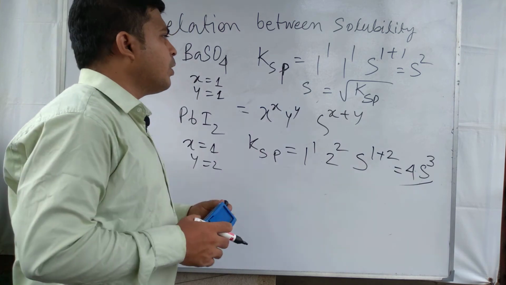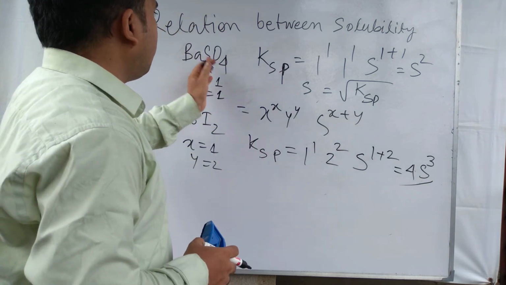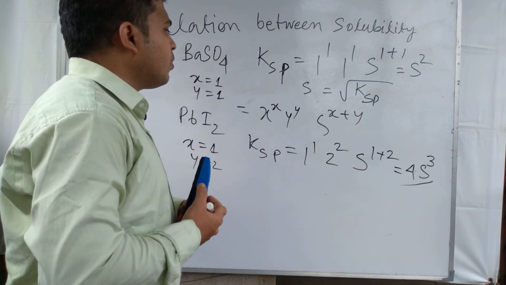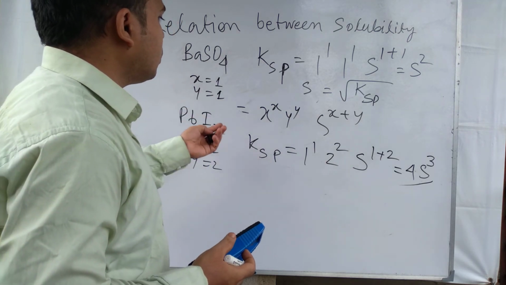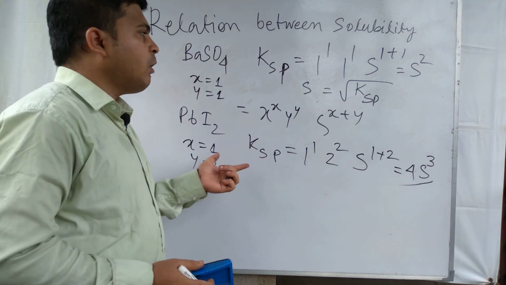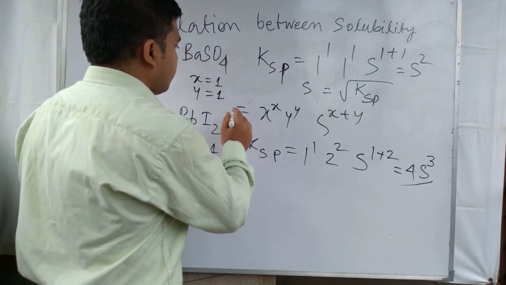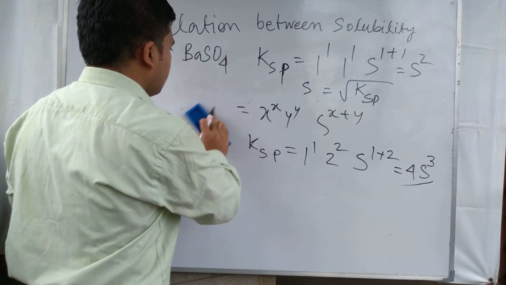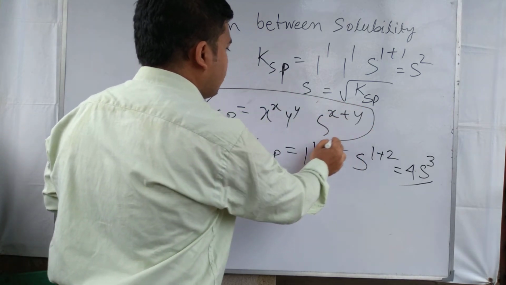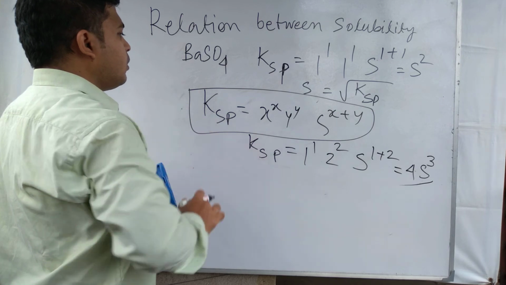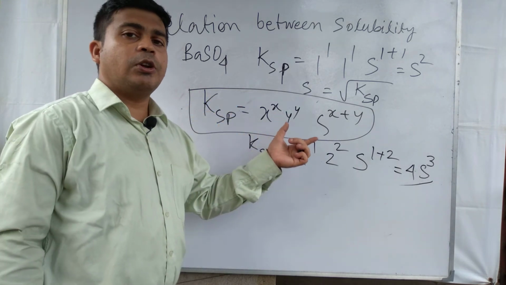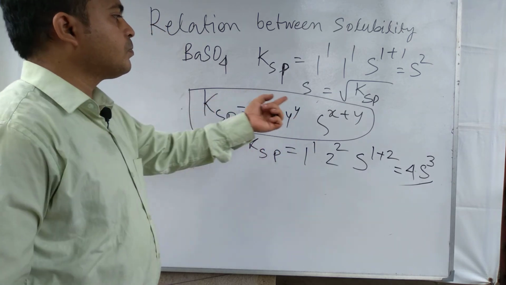So this is the equation for barium sulfate, the solubility and solubility product expressions. Similarly, we can frame any solubility product formula from these expressions, and we can calculate solubility and solubility product of any sparingly soluble salts from this formula.